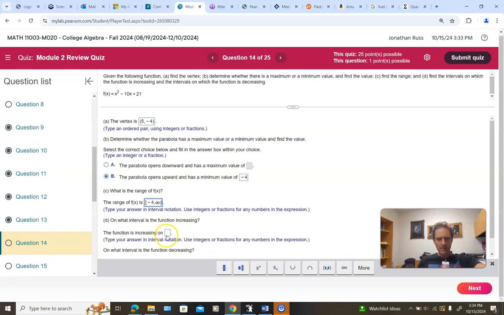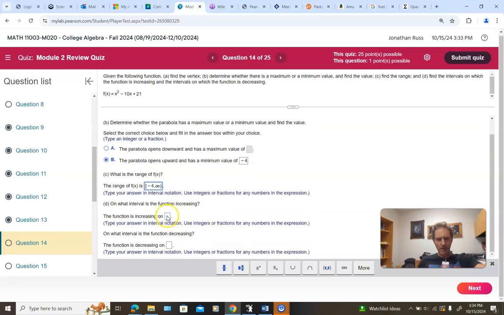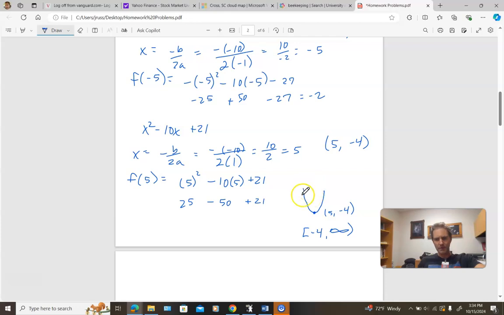And then it's asking us about where the function is increasing and decreasing. Okay, so again, think about the orientation of the function. If this is what it looks like, it's increasing on the left-hand side. Remember, these intervals are given with respect to the x-axis. So it starts increasing at this point, whenever x is 5, and then continues to increase onward.